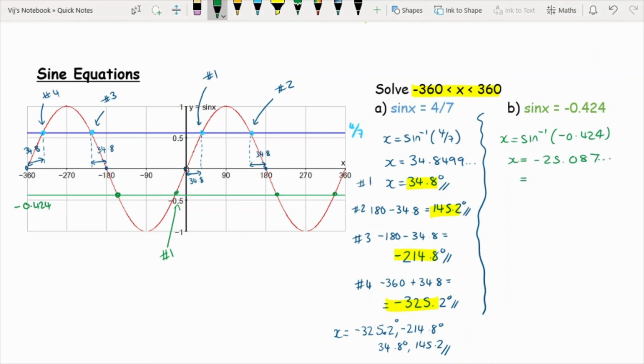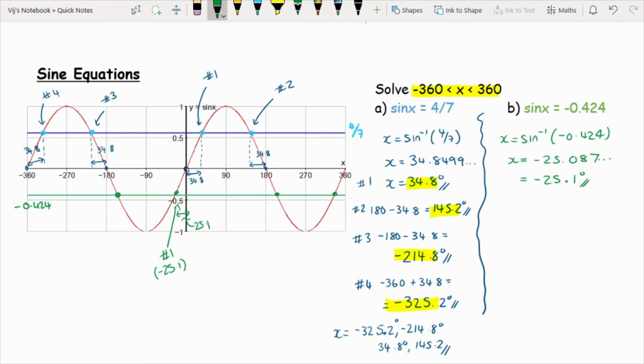So I'm just going to round that up to minus 25.1. So what this is basically telling me is that this angle here is minus 25.1. So from its original starting point from the origin, this little distance here is 25.1.